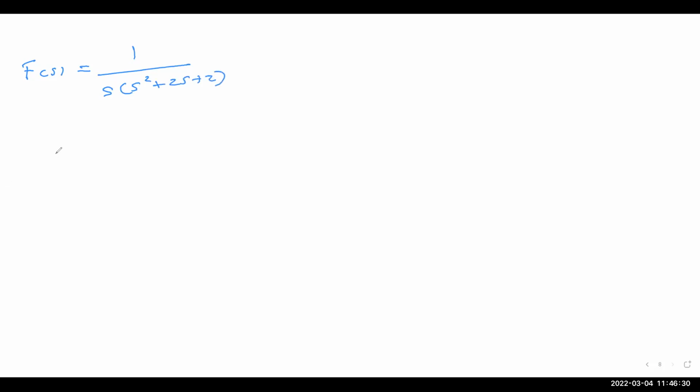Now you can see that this also has complex roots, because this is 4 minus 8, so once again b squared minus 4ac is less than 0.